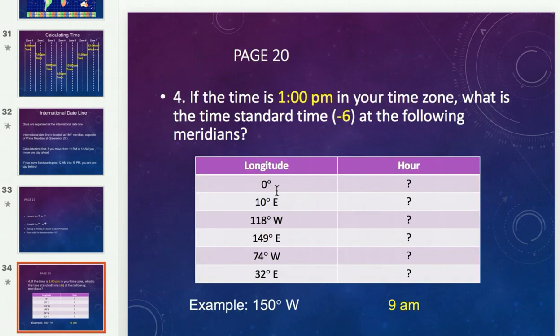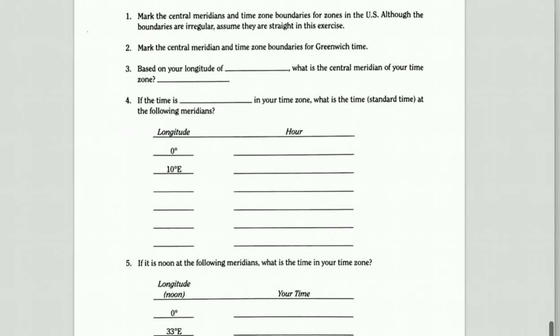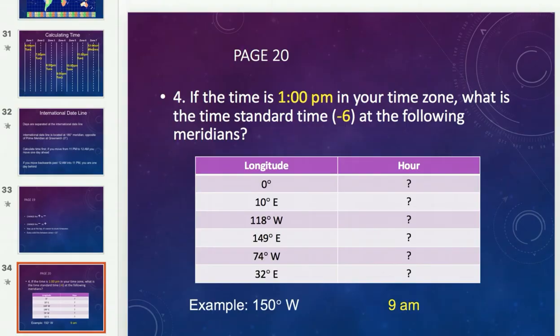And then we've got 0 degrees and 10 degrees already given to you, but at the bottom, write all these in. But we're going to do 32 degrees east, because I always feel like the last one's kind of a trick one. So 32 degrees east. I don't think it is. Let's pick one that's to the west. Hold on 1 second. Let's do 74 degrees west.